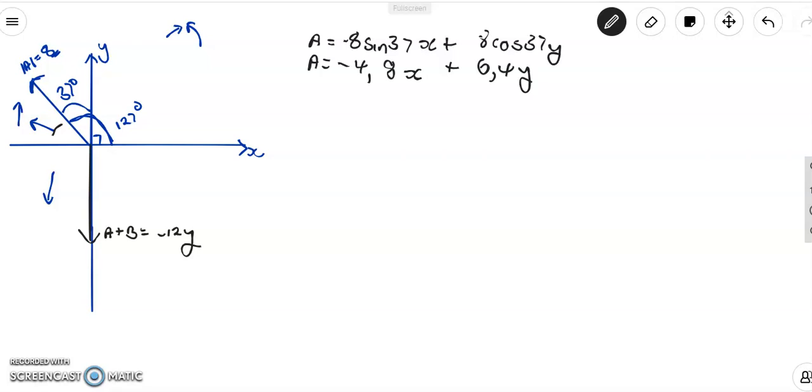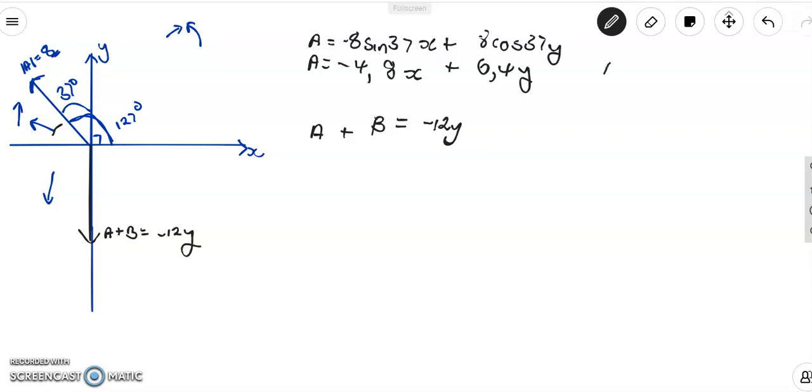Done. And we're told that A plus B is equal to negative 12y. So A plus B is equal to negative 12y, and B is the unknown.